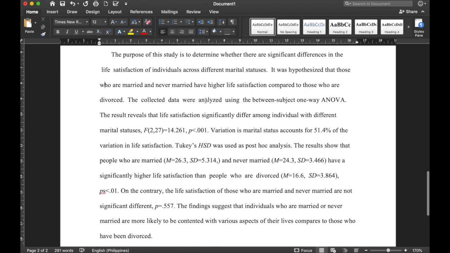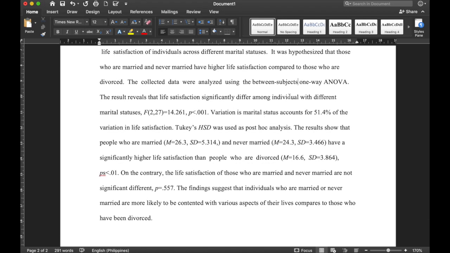The collected data were analyzed using between subjects one-way analysis of variance. The result reveals that life satisfaction is significantly different among individuals with different marital statuses. Variation in marital status accounts for 51.4% of the variation in life satisfaction.